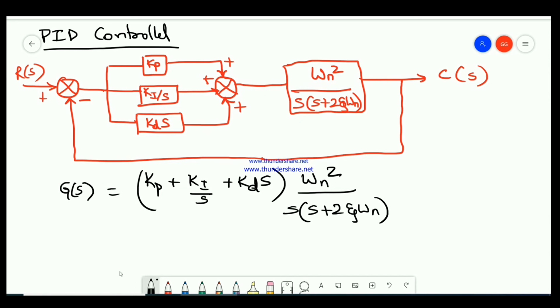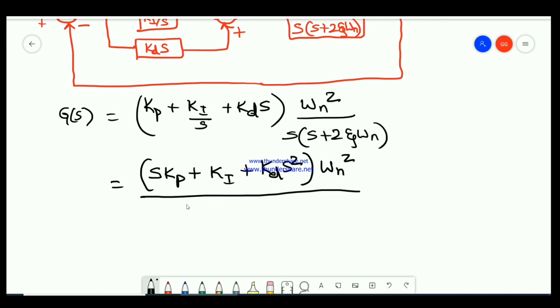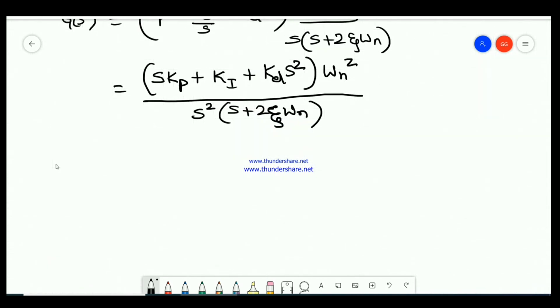Now you take the LCM for the left part in the equation, where we get Kps plus Ki plus Kds square, whole thing multiplied by omega n square, divided by s square into s plus 2 zeta omega n. So s is not multiplied inside, okay. So s plus 2 zeta omega n.